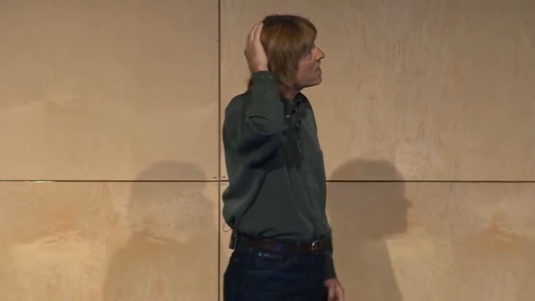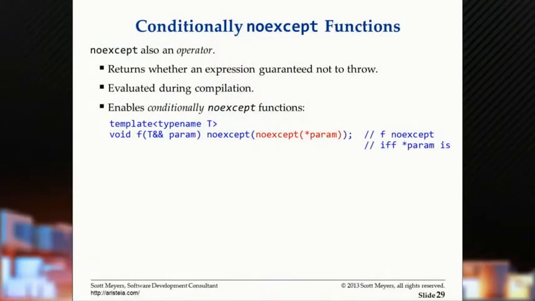So in this case here, I've got a function called f, and it takes some parameter, and I will remind everyone in the room that T&& is not an rvalue reference. It is a universal reference. It accepts both lvalues and rvalues. And in this case, what this declaration says is if I take param and I dereference it, applying the star operator, if that operation is guaranteed not to throw an exception, so if it's noexcept, then this template also is noexcept.